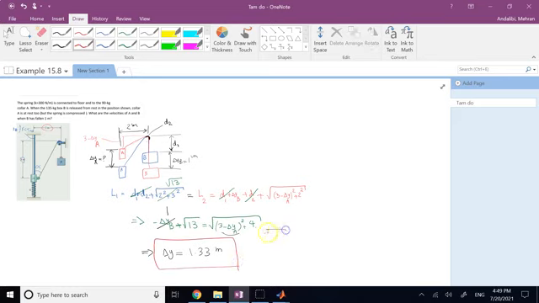So I'm going to take a time derivative from this equation, or divide it by delta t and then let delta t go to 0. And why do I do that? Because it gives me a relation between the velocities of A and B.